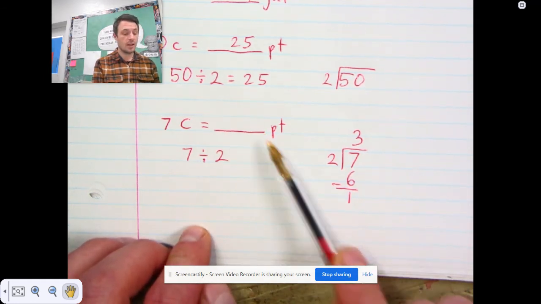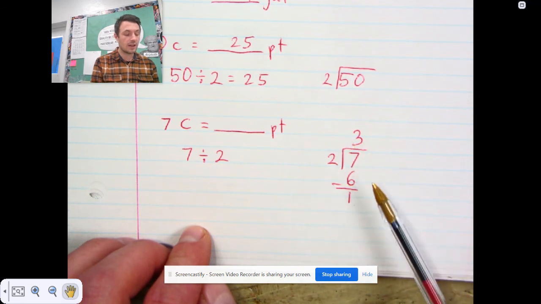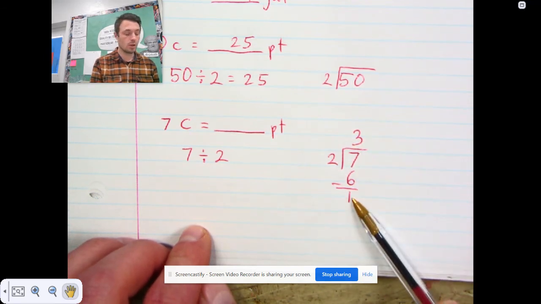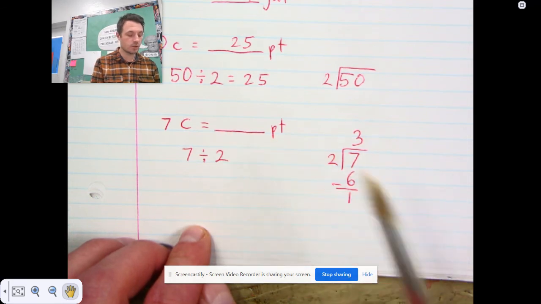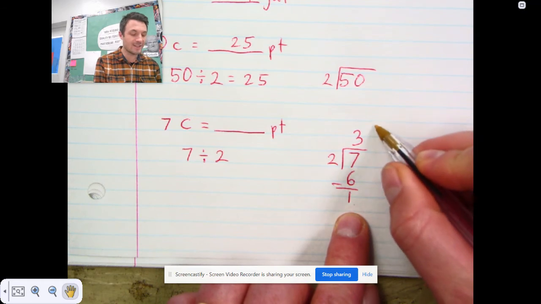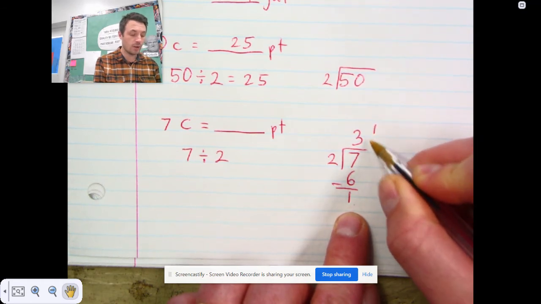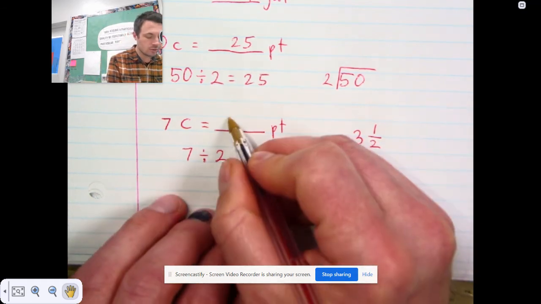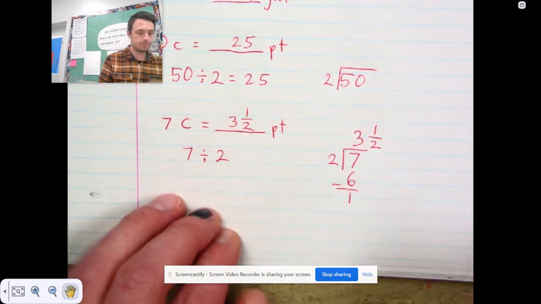If they had 2 blanks, then the answer would be 3 pints with 1 cup left over. But since they want the entire answer in pints, that's when we know to write the remainder as a fraction. The remainder is the numerator, the divisor is the denominator, so it's 3 1/2.